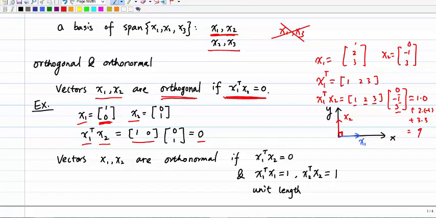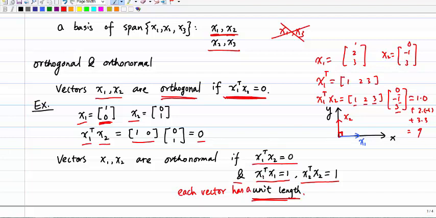Orthonormal is derived from orthogonal. So vectors x1, x2 are orthonormal if we still have x1 transpose times x2 is 0, and also x1 transpose times x1 is 1 and x2 transpose times x2 is 1, which means each vector has unit length.